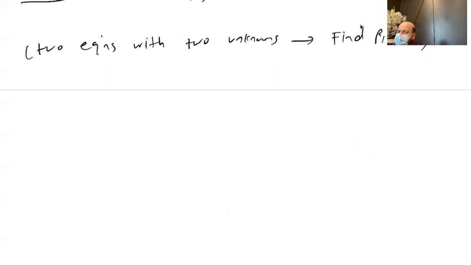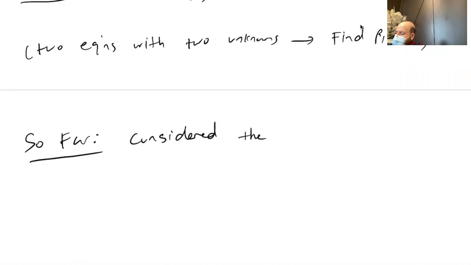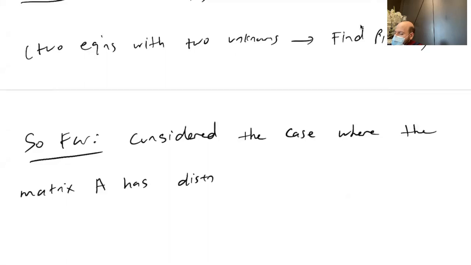Now let's move on to the next case where we have a repeated eigenvalue. So far, we only considered the cases where the matrix A has distinct eigenvalues, and the eigenvalues, if you remember, were either real or complex.